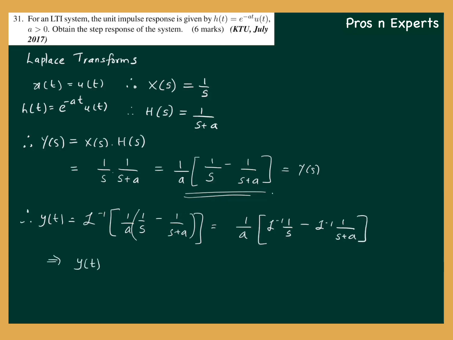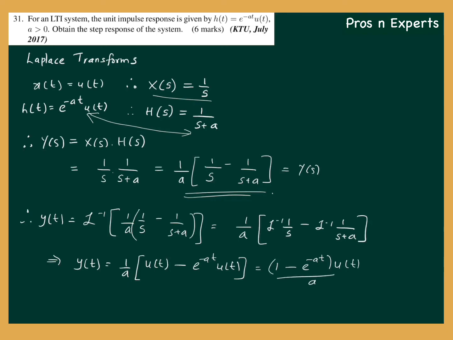That gives you the straight answer: 1 by a into, L inverse of 1 by s is u of t, minus L inverse of 1 by s plus a is e raised to minus at u of t. That's the answer. This is equal to 1 minus e raised to minus at into u of t whole divided by a, which is the same result as we have obtained in the previous two methods.